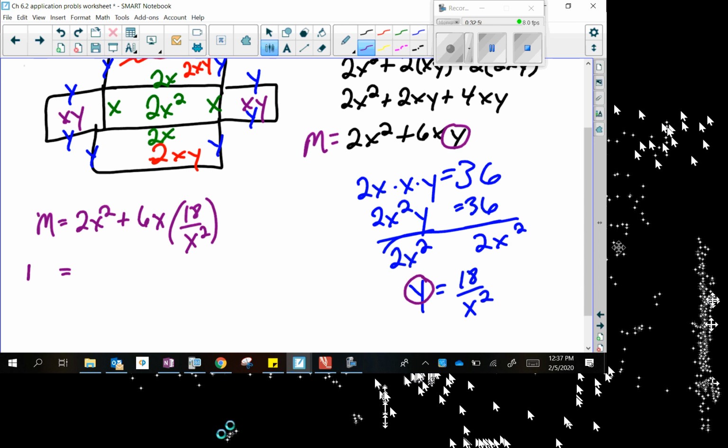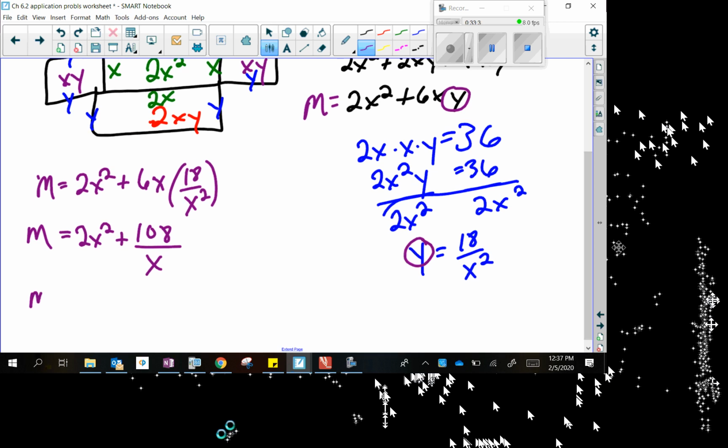Now, to clean that up, I keep my 2x squared. And what can I do with this next term? 6x times 18 gives me what? 6 times 18 is 108 over x, right? Because x over x squared gives us x on the bottom.